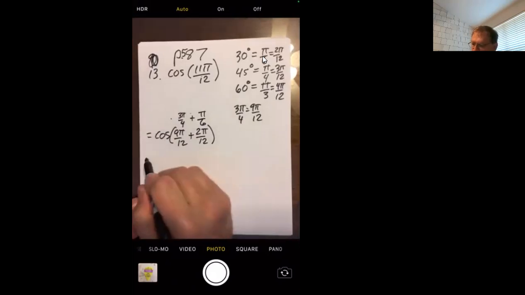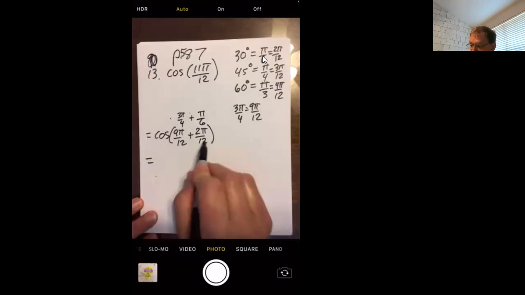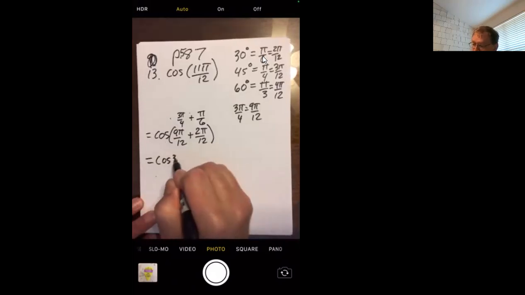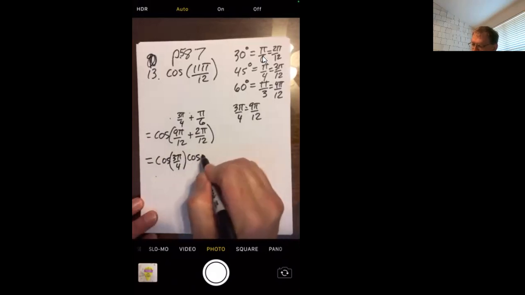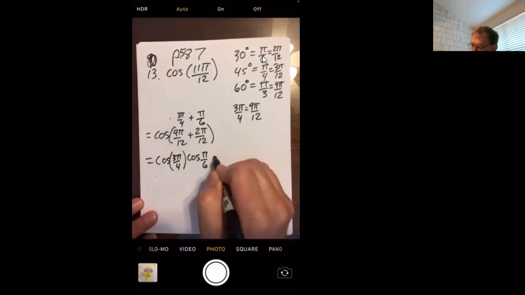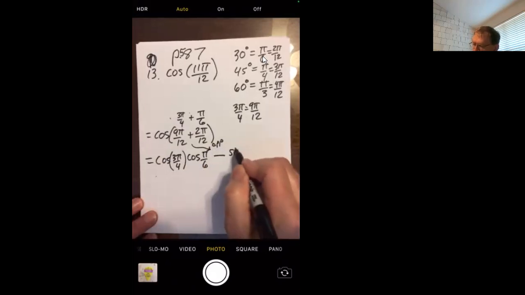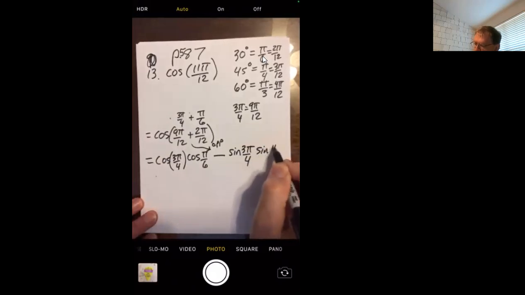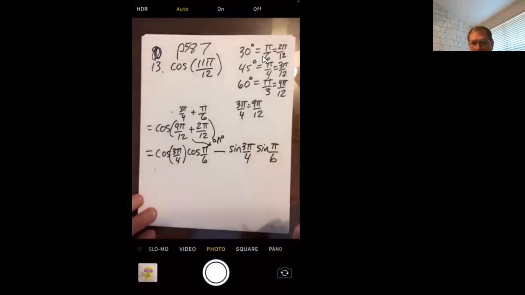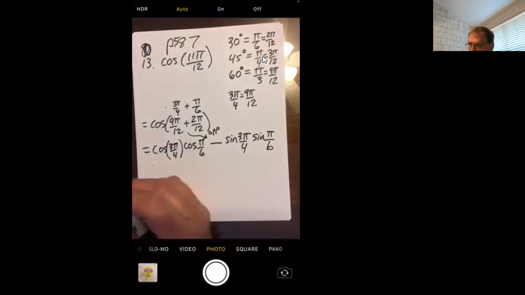And the cosine formula, remember, went cosine, cosine, opposite sign in the middle, sine, sine. So this goes cosine 3 pi over 4, cosine pi over 6, minus, see this is opposite, sine of both, sine 3 pi over 4, sine pi over 6. All right, so then I hope that you know that cosine of 3 pi over 4 is in the second quadrant.